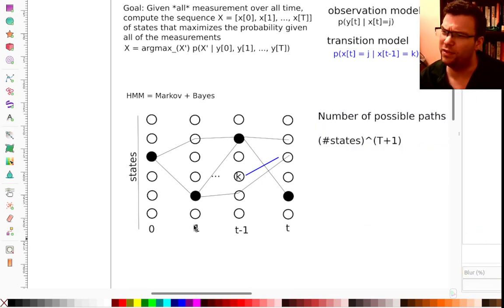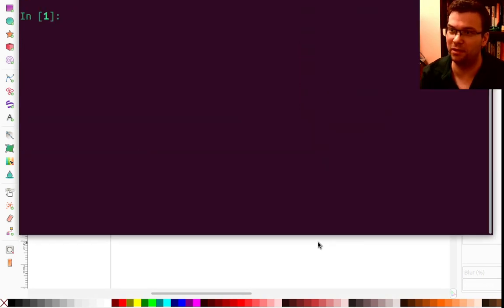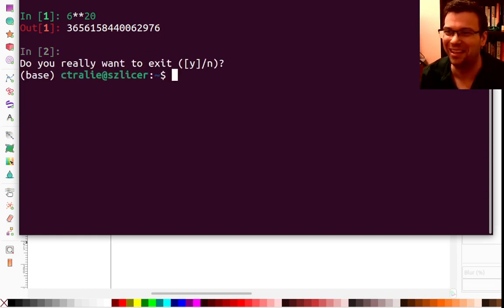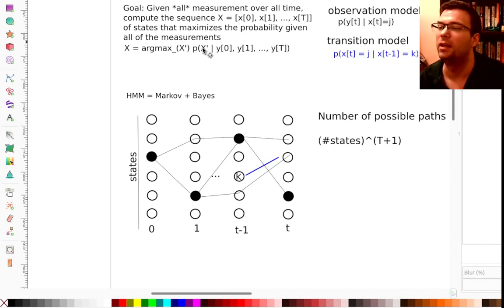Here it would be 6 to the 4th, which is not too bad. But let's say I wanted 20 steps, and 20 is really not that huge of a number. Even if I only had 6 states, a puny state space, this is how many possibilities I'm going to have to consider. Not very good. But luckily, our saving grace is like the dynamic programming problems that I just showed you. These are seriously overlapping.